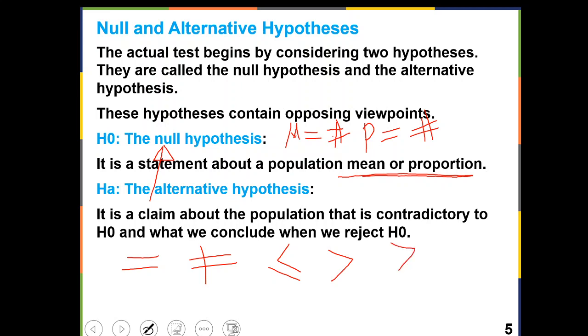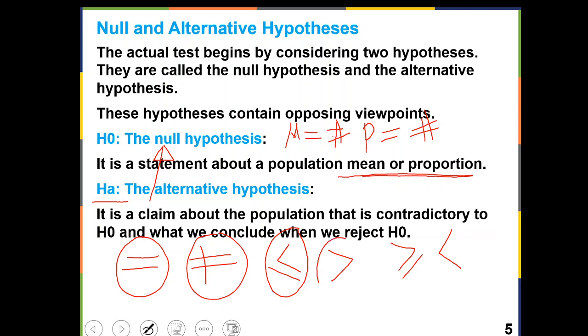So if the null hypothesis says equal to, the alternative hypothesis says not equal to. If the null hypothesis says less than or equal, the alternative says greater than. If the null hypothesis says greater than or equal to, then the alternative hypothesis says less than.